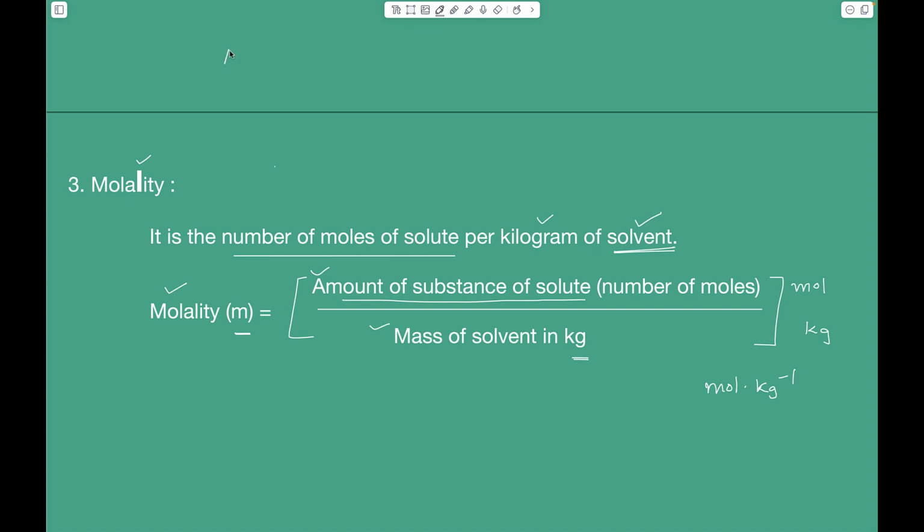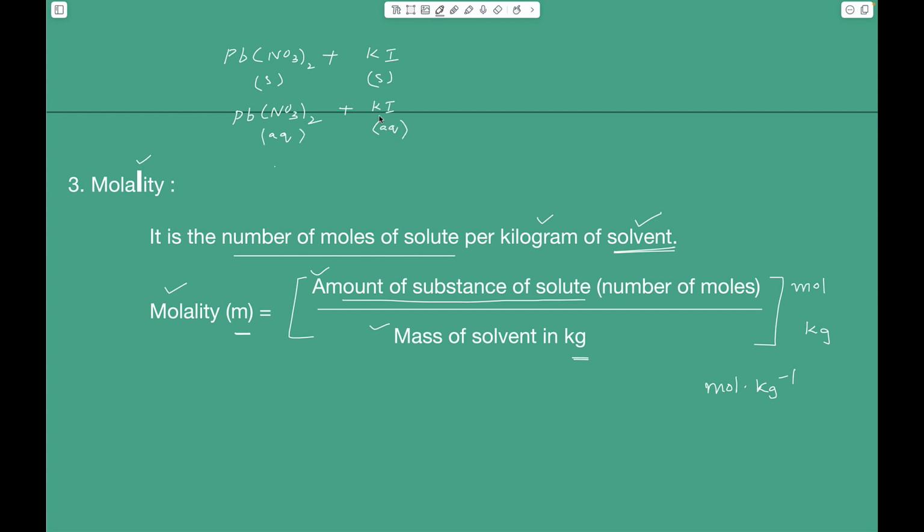Instead of mixing solid lead nitrate and solid potassium iodide, we first dissolved lead nitrate in water to prepare an aqueous solution, and similarly we dissolved potassium iodide in water.